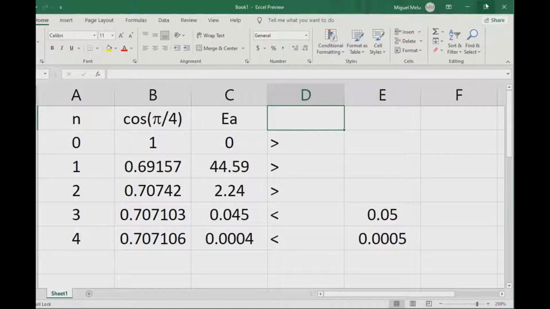Here, as you can see, where n is equal to 0, cosine pi over 4 is 1.